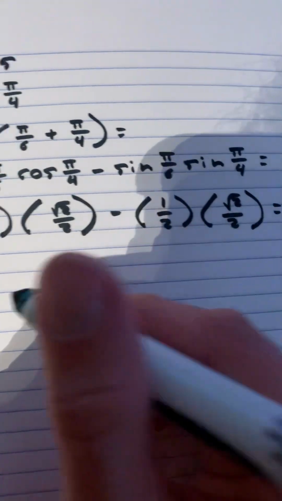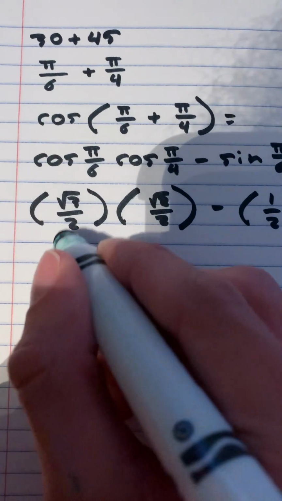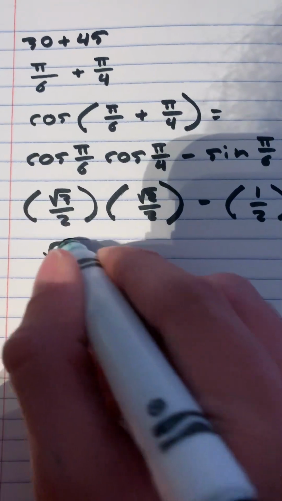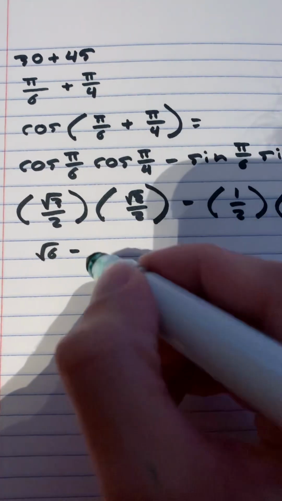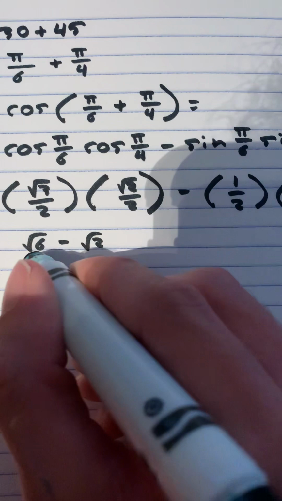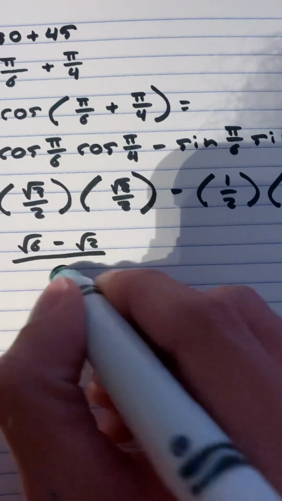And that, ladies and gentlemen, will be square root of 3 times square root of 2, which is square root of 6, minus 1 times the square root of 2, which is the square root of 2. And that's all over 4. Easy enough. But let me check my work. What do we got? The cosine of, what was it, 5 pi over 12?